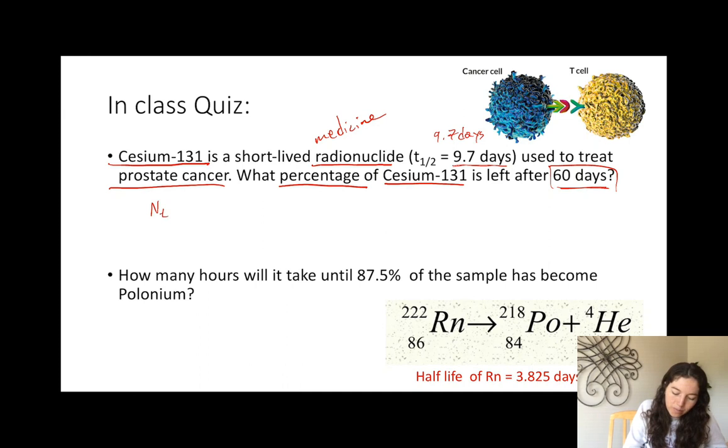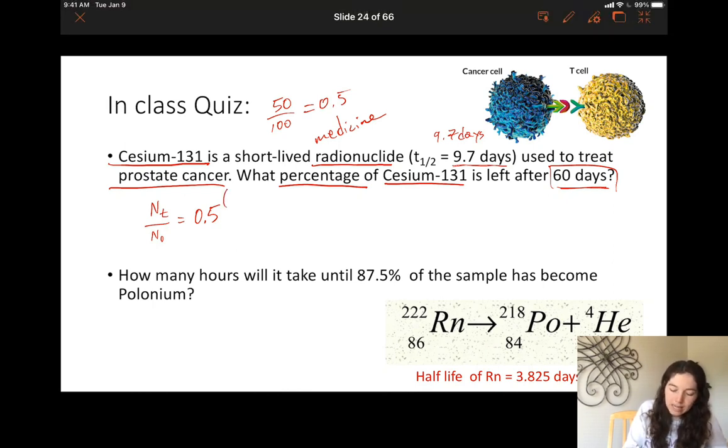N_t over N0 is equal to one half, so that's 50%, 0.5 is like 50 over 100, raised to the time, which is 60 days, over our T1/2, which is 9.7 days.